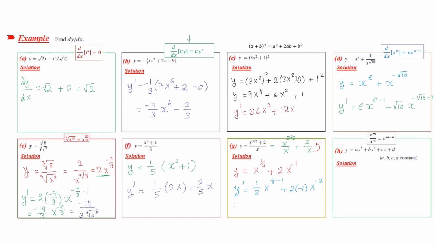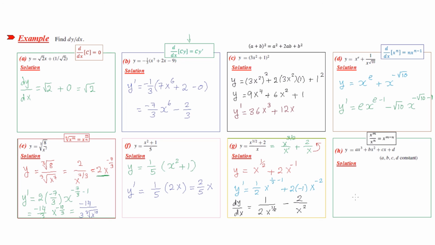So dy by dx, or y prime, as you like, equals 1 over 2x to the power half. Here we have 2 times negative 1, which is negative 2, and you can move x to the power negative 2 down to get a positive exponent. So we have x to the power 2, and that's it. For more simplification, you can write x to the power half as square root of x.